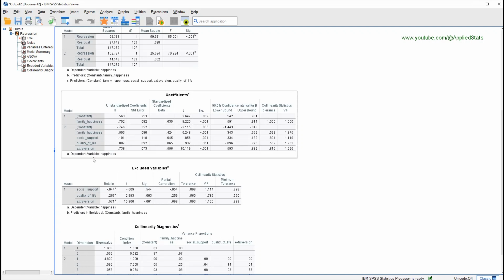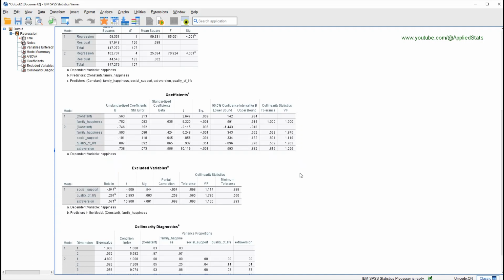Can they contribute unique variance over and above the contribution of family happiness? And in this case, we can say that extroversion can predict happiness after controlling for family happiness. But social support and quality of life cannot predict happiness after controlling for family happiness.